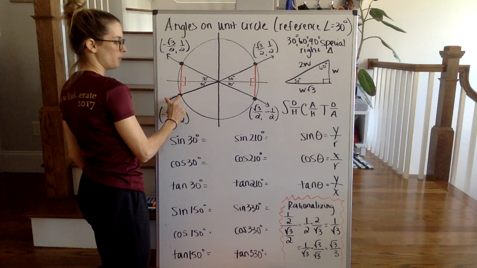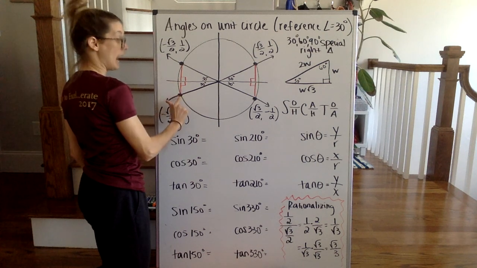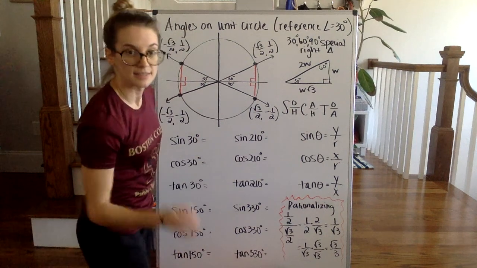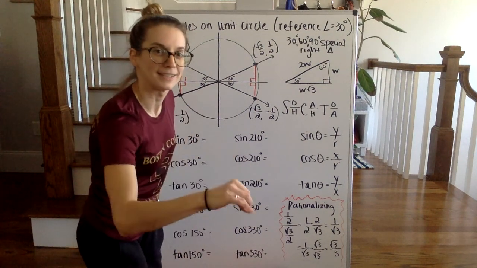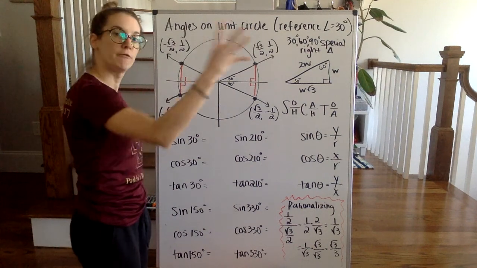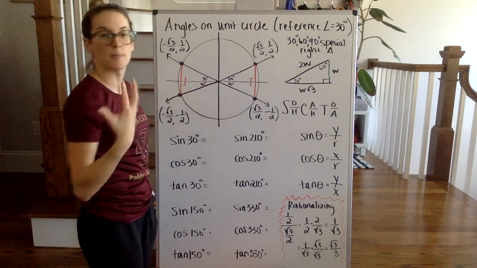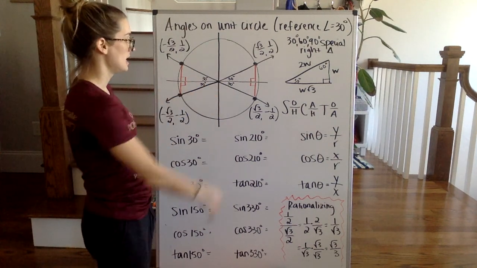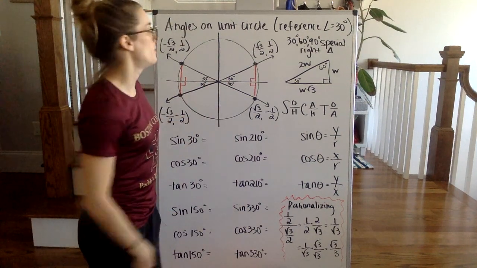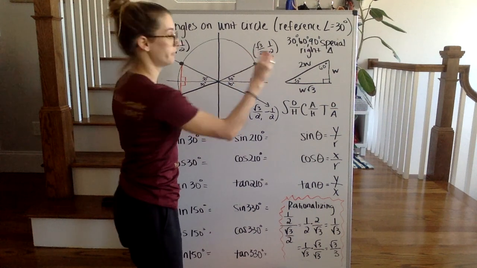From here, an altitude to the x-axis. And from this point, an altitude to the x-axis. And when we do that, those right triangles pop up. So you've got 4 right triangles for the 4 bow tie angles, the 4 related angles. And as it turns out, these are all 30, 60, 90 triangles. So let's pull one of them off. Let's pull this triangle off and pop it over here.